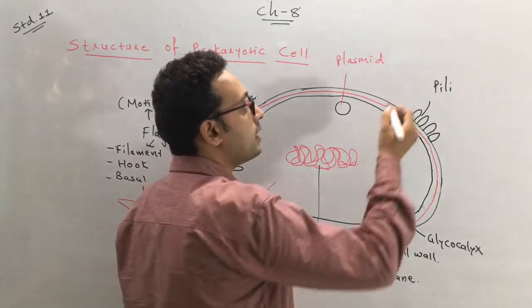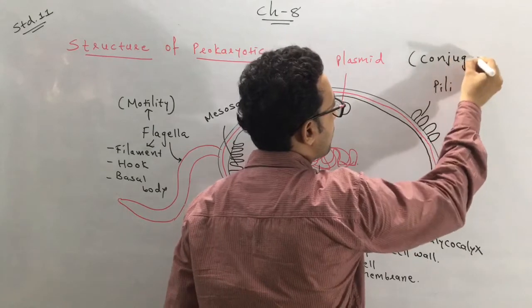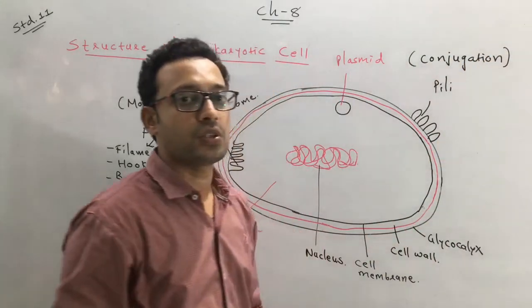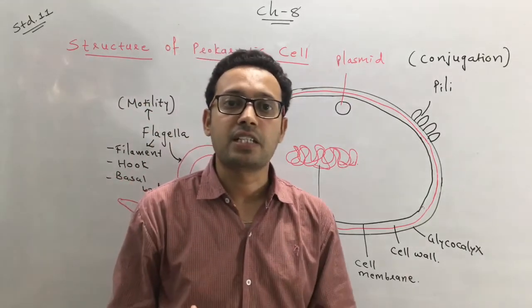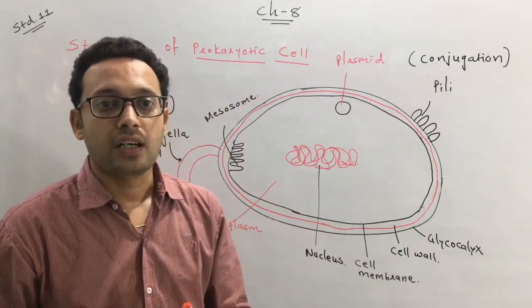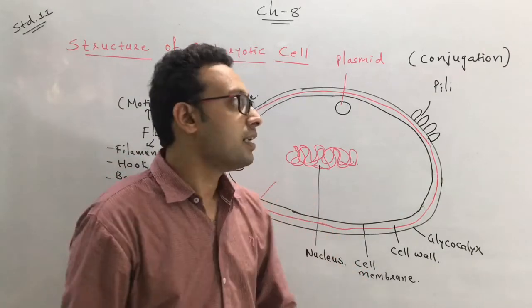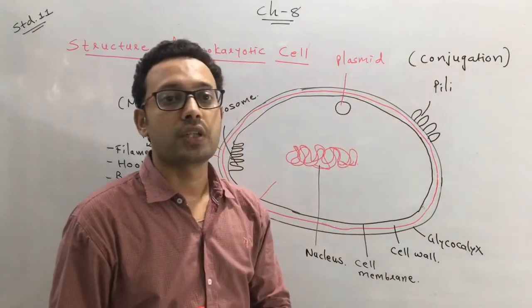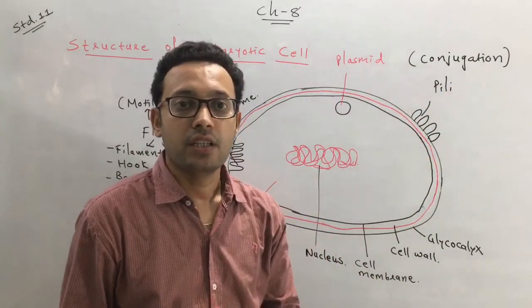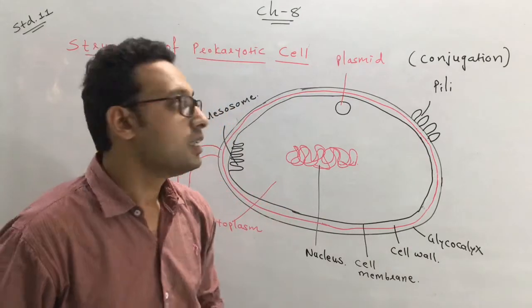And the pili has an important role in conjugation. In which process? Conjugation. A process where genetic material gets exchanged between two bacteria, or a kind of formation of a bridge between two bacteria. That process is called conjugation, and conjugation is due to pili.